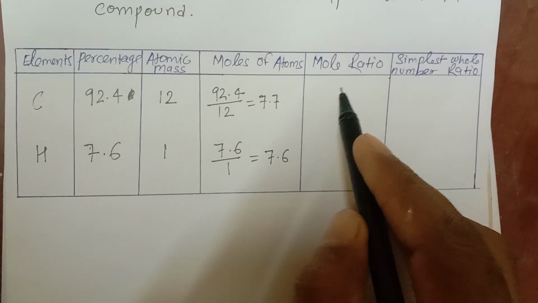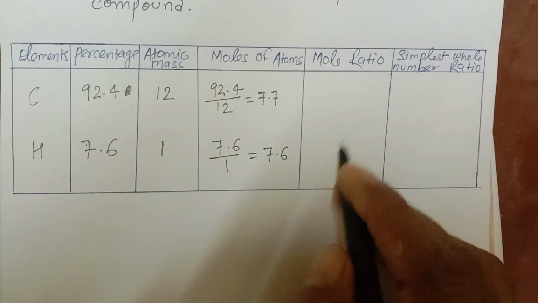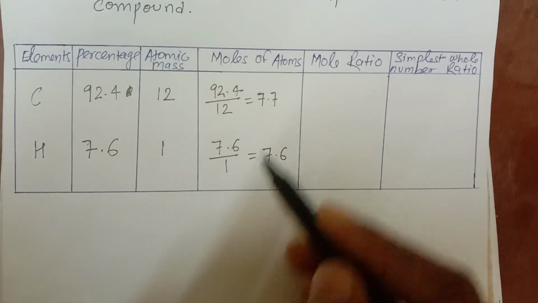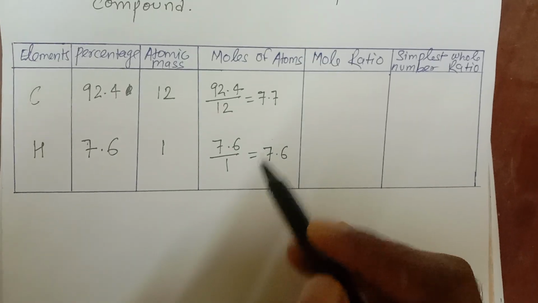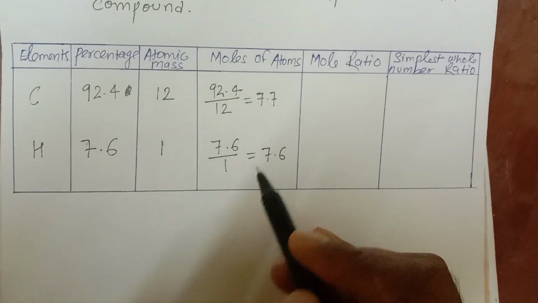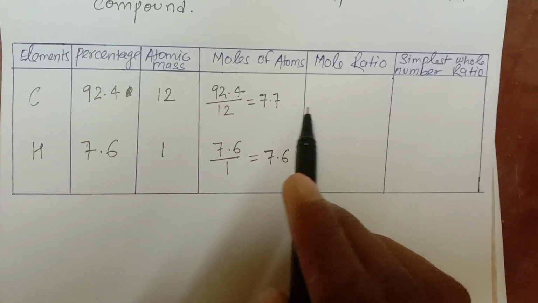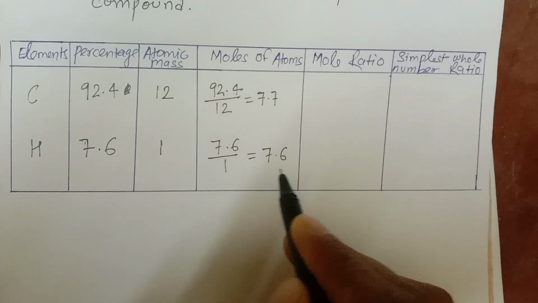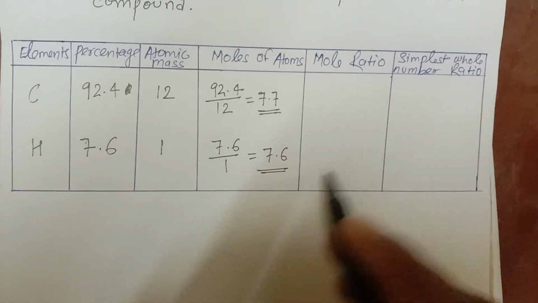Now in the next column we have to find out the mole ratio. For finding the mole ratio, what do you have to do, students? You have to check the moles of all the elements present in the organic compound and find out which is the smaller value. Here only two elements are present, carbon and hydrogen. Out of them which is smaller? 7.6 is smaller and 7.7 is greater.